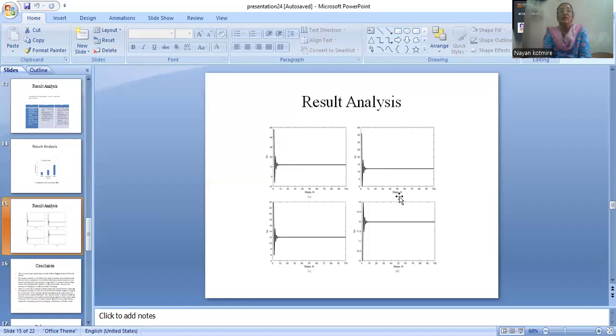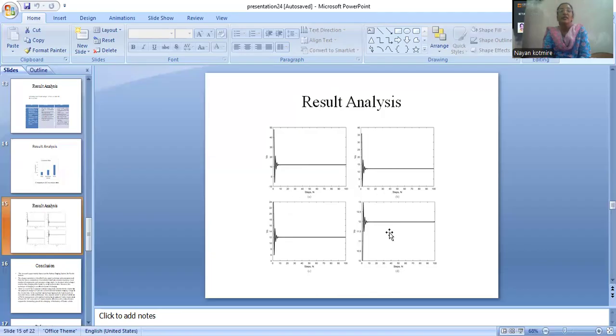For the duty cycle 0.33, the output voltage is 34 volt, for the duty cycle 0.36, the output voltage is 54 volt, and for the duty cycle 0.54, the output voltage is 60 volt.